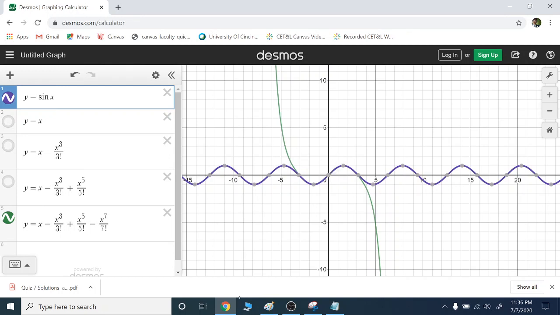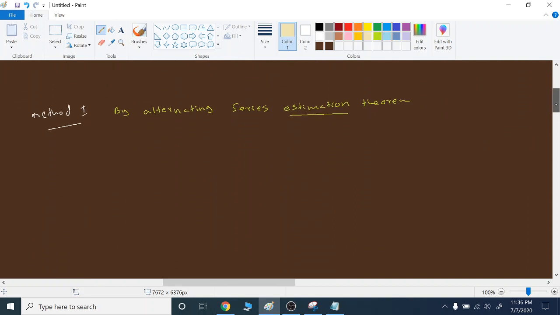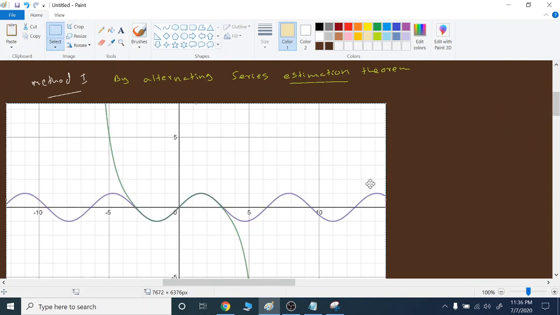So from this picture, what you should understand is that the errors will totally depend on the region of x that we choose. But here in this question, it asks for this region, right? Now, if we take that diagram into our page, you will have this one. So the region that they have given is in a very nice interval, right?